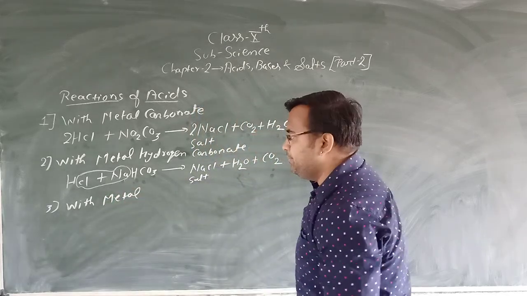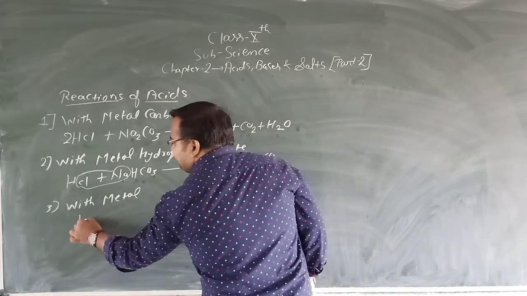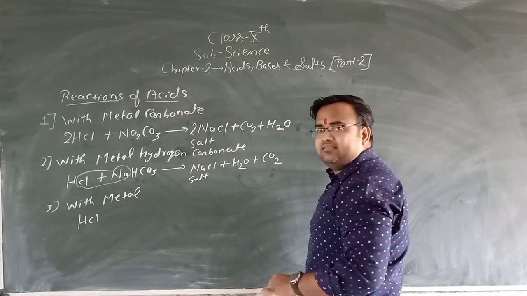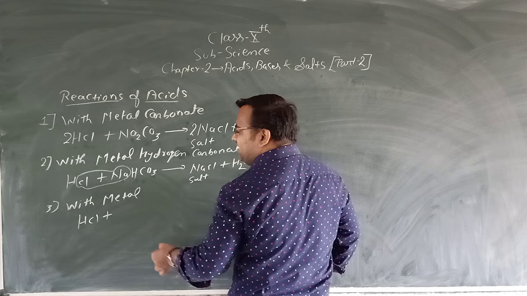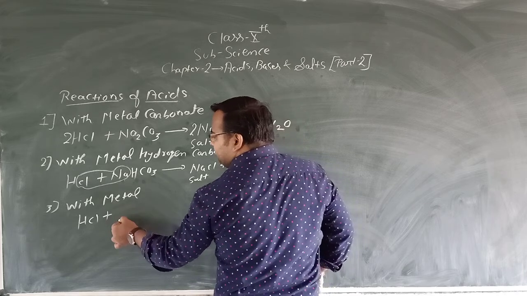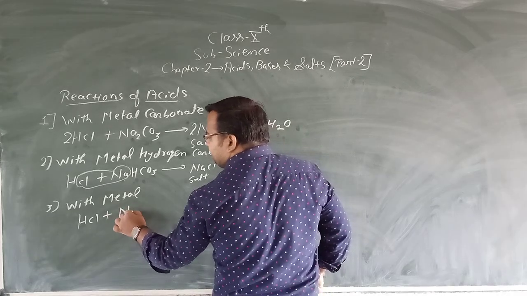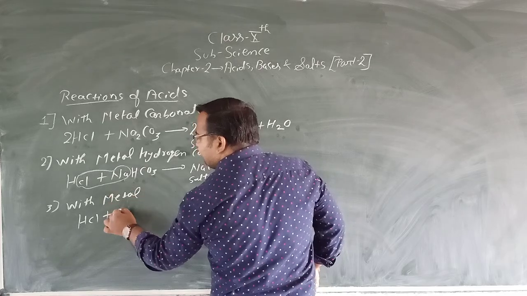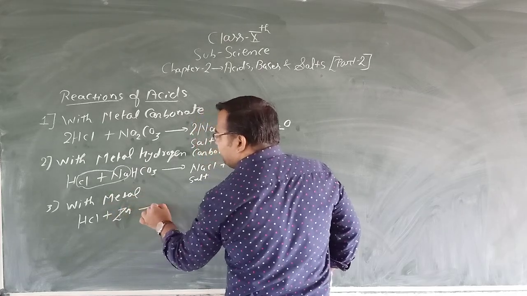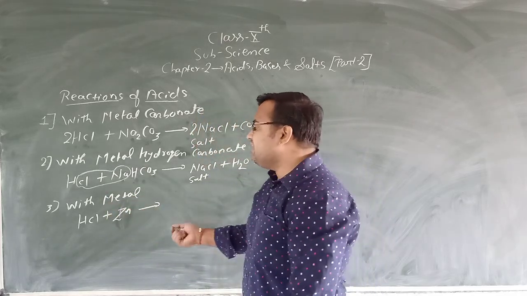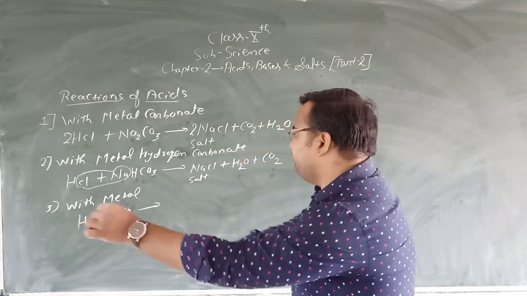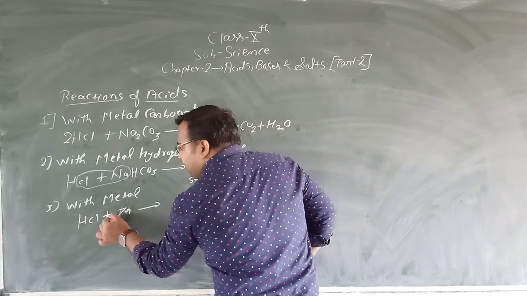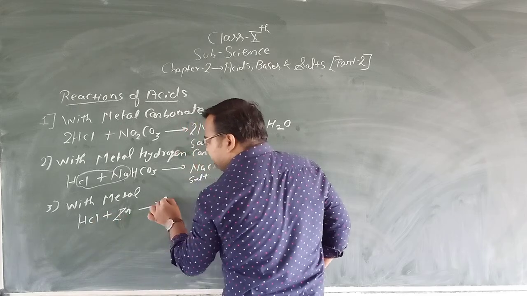Now we can take the example of acid HCl, that is hydrochloric acid, plus metal. We can take any metal. Suppose I am taking Na. Or I can take zinc metal. For example, if zinc metal is treated with hydrochloric acid, zinc will react with chlorine.